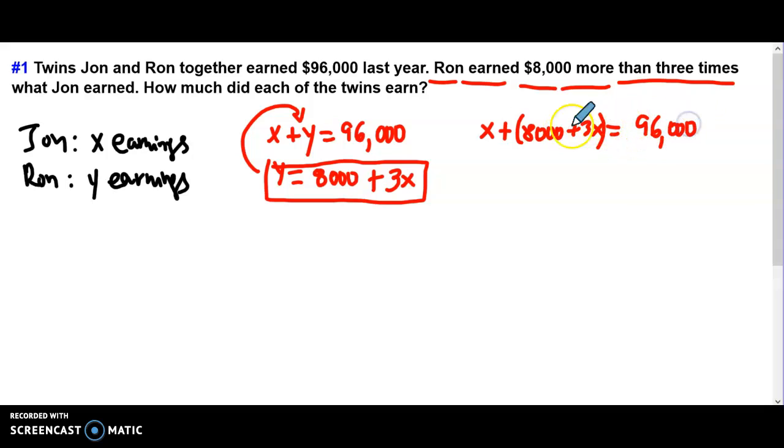So this is my first substitution, and it's looking good because I only have X's in front of me. You can take out the parentheses because there's only a 1 in front of it. And then we're going to solve this to get X, which is really John's earnings. Well, you have like terms, X plus 3X is 4X.